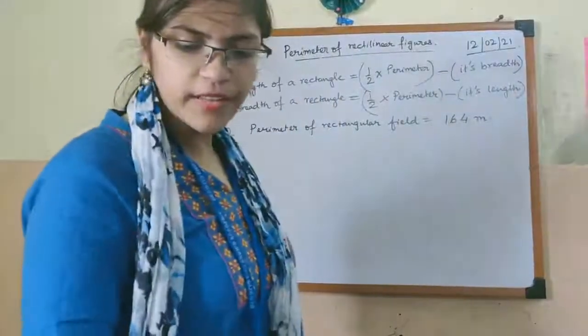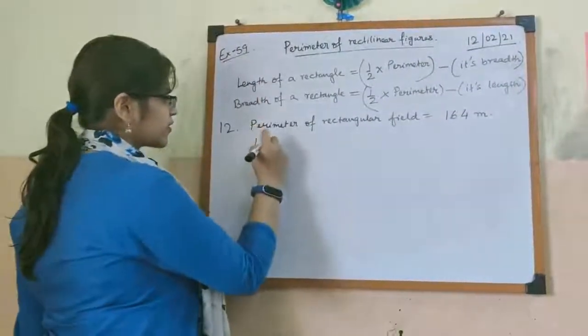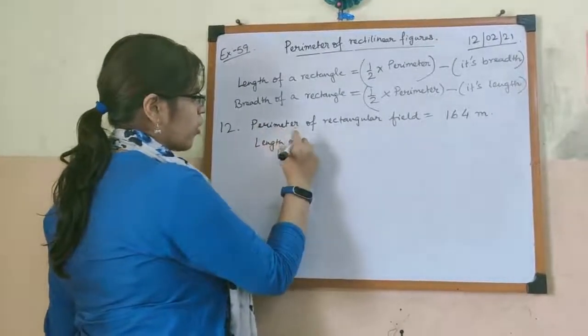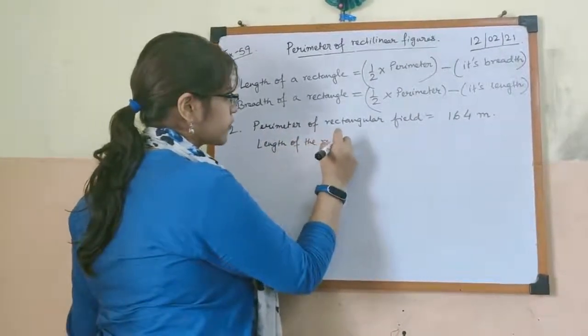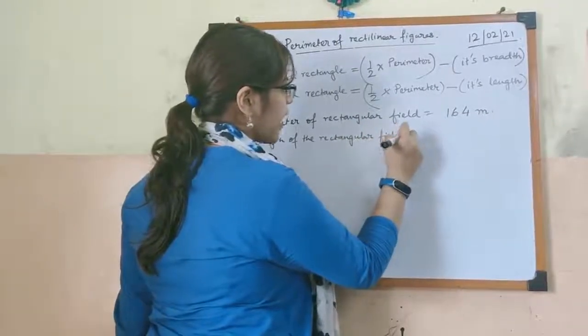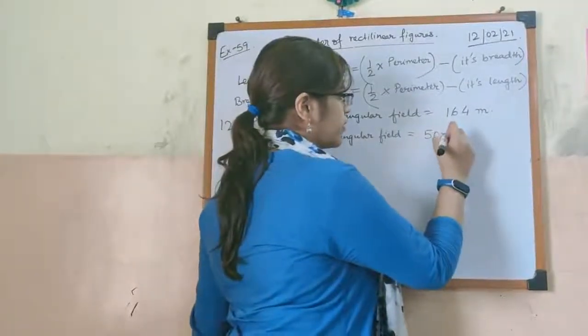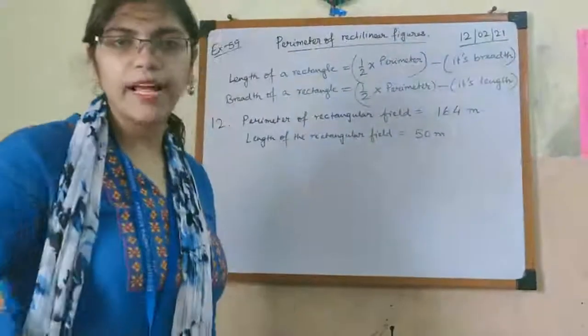Now it is also given that its length is 50 meters. So length of the rectangle, or rectangular field, is how much? Length is given as 50 meter. So you will have to find the breadth.